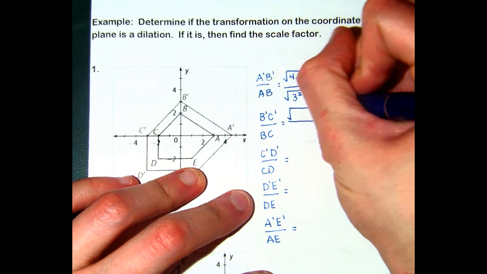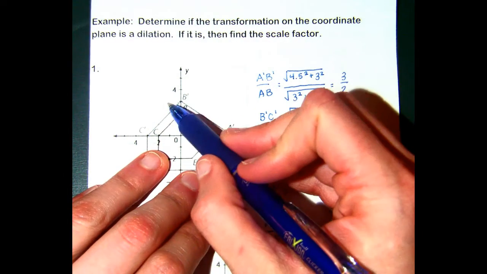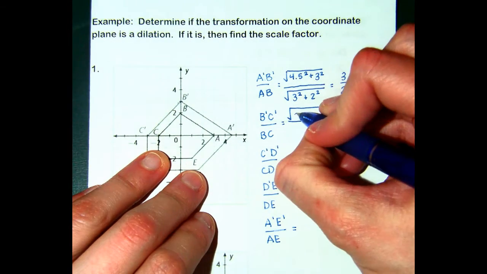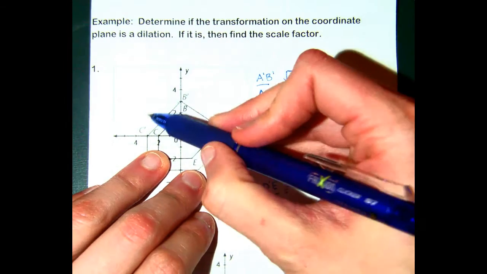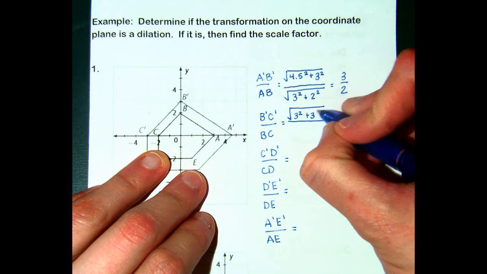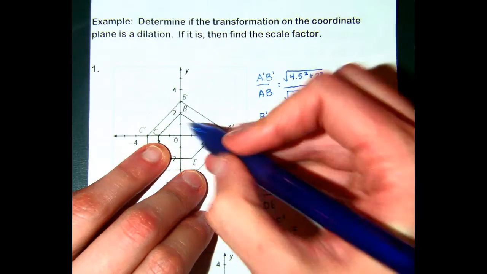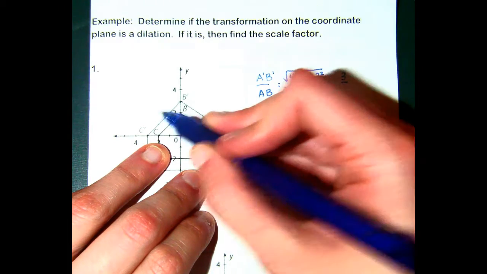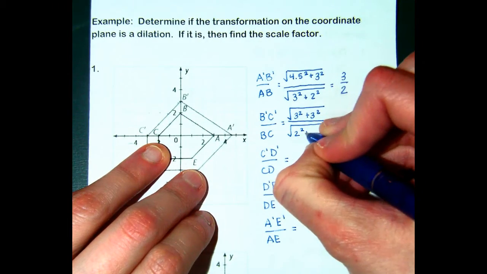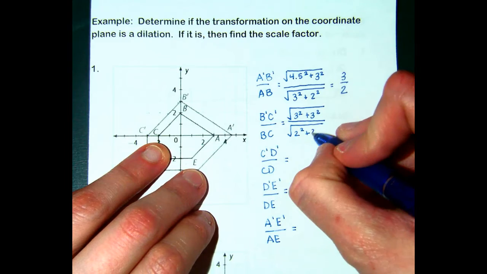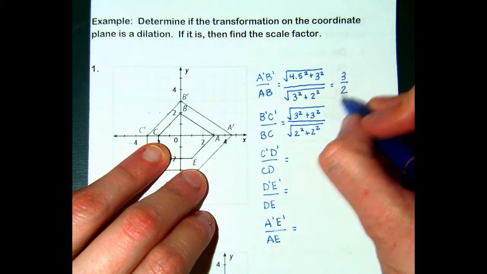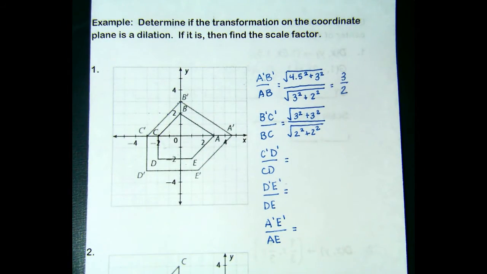So B prime, C prime, from here to here: 1, 2, 3 for the x values, and then 1, 2, 3 for the y values. Okay, BC: x is 1, 2. Y is 1, 2. I hope you see the similarity between these two, but we'll check.